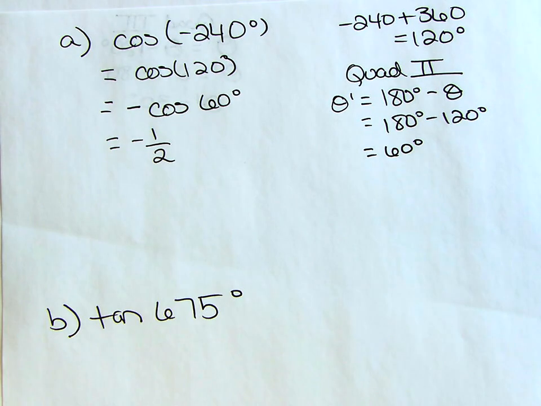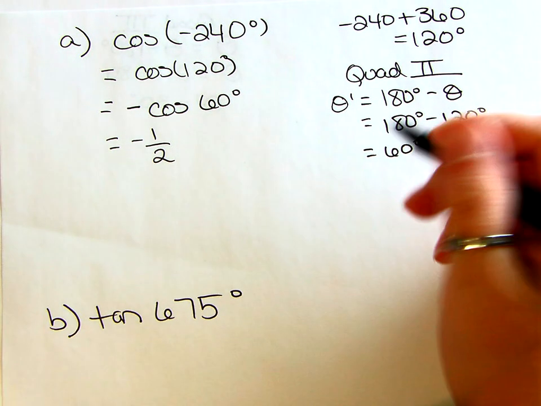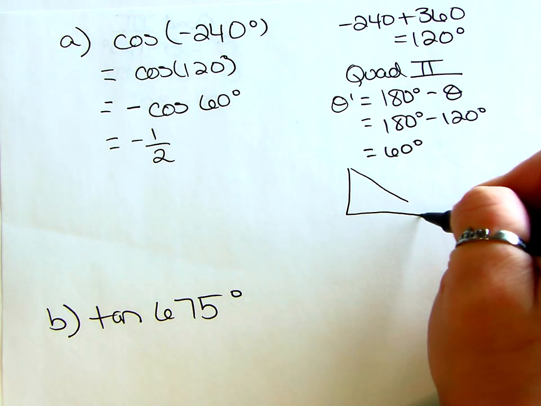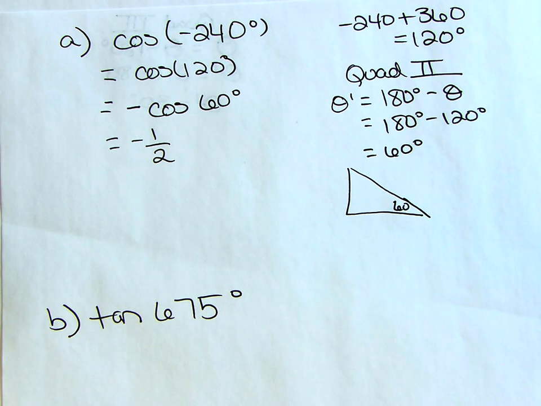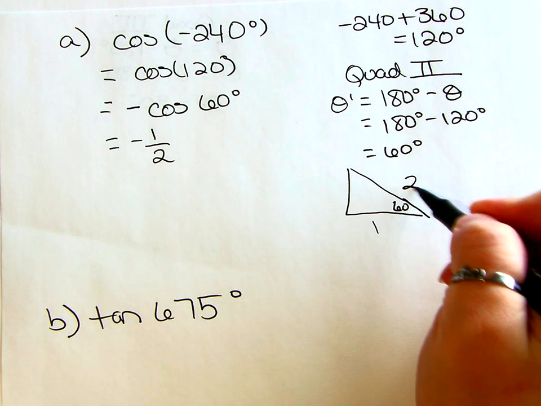If I know that table, I can just reference it really quickly. If I don't know it, then I'm going to have to compute it, or draw a triangle, because this is in quad 2, I could have drawn my triangle like this with my 60 degrees here, and finished it out and found it that way. That is also okay. 1, 2, and square root of 3, with this being a negative 1.